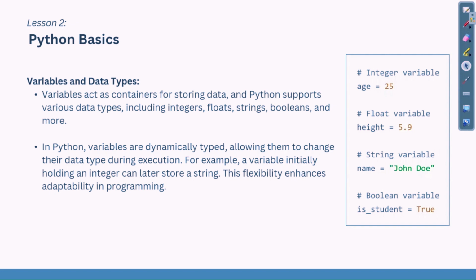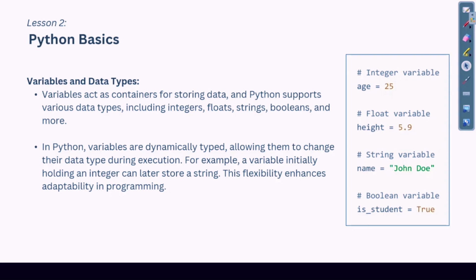If a number is an integer, Python understands that. If you put a number in decimal, Python understands that it is a float variable. This is a string variable: whenever you write a sequence of alphabets inside double or single quotes, Python understands that it is a string variable. And if something is true or false, Python understands that it is a boolean variable.